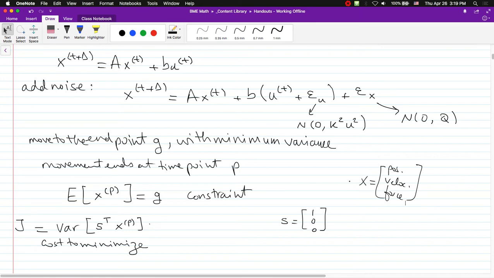The state of it is associated with just position, and then of course it has velocity as well. You could do it with 2D as well, except that if you're going to define a cost, it has to be a scalar cost. So if you're going to have variance, it has to be some scalar measure of variance for a vector.